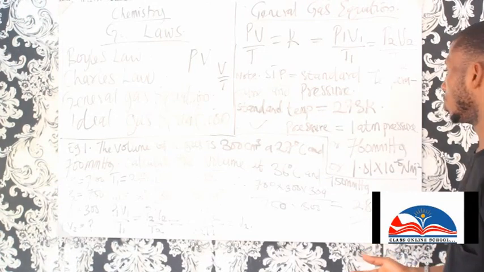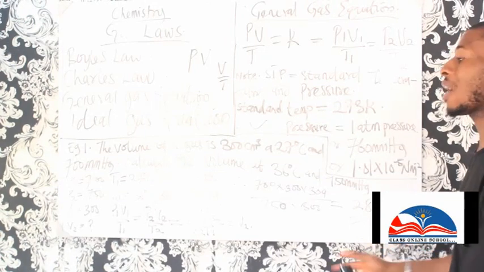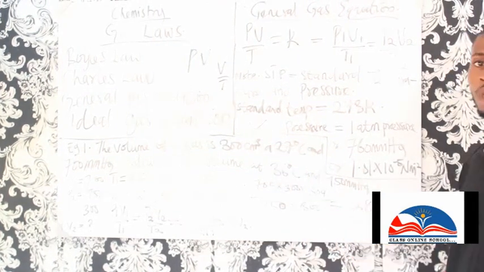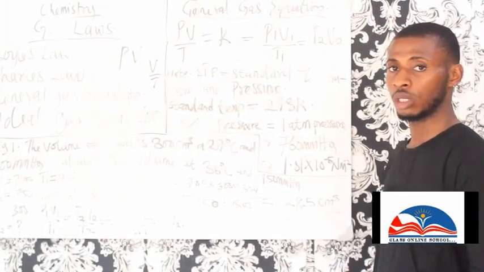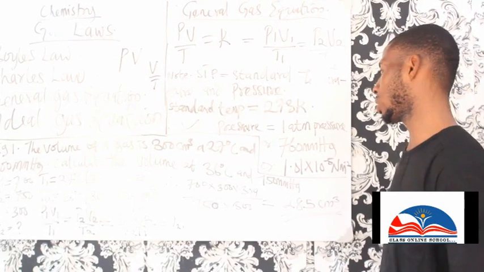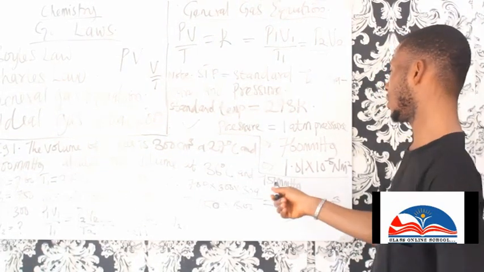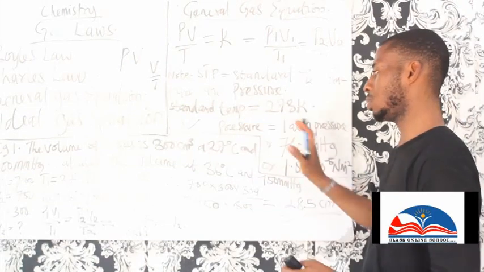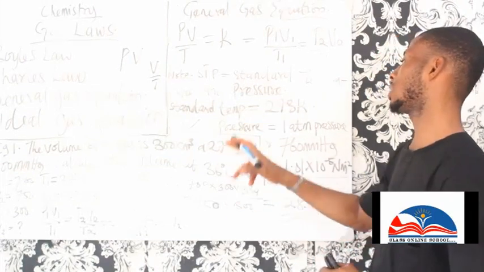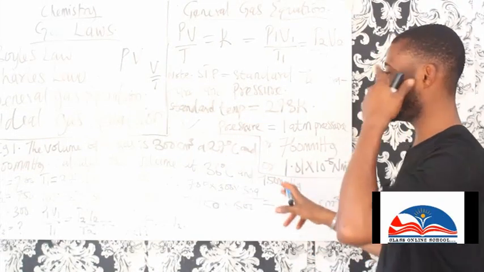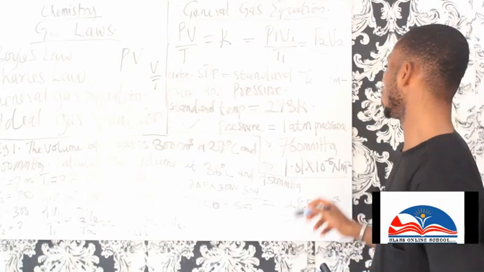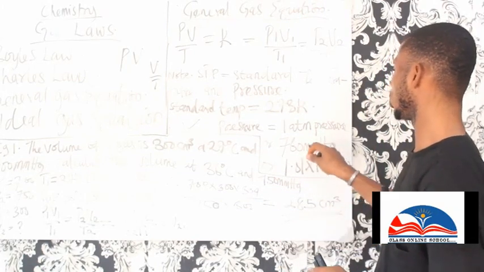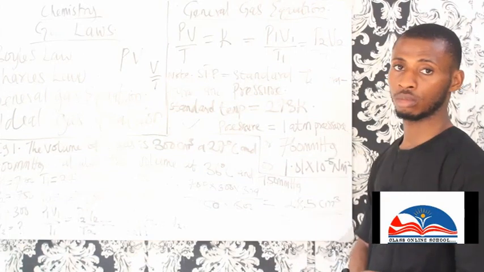Now there are diverse ways they can put the question. They may write at STP. Calculate the volume at STP. Now what you need to do is to use the standard pressure and the standard temperature.